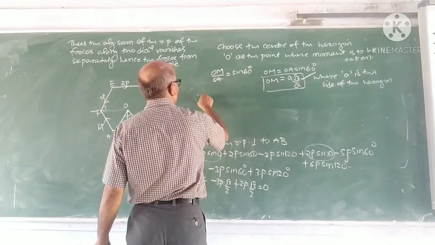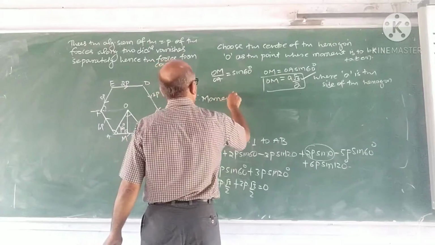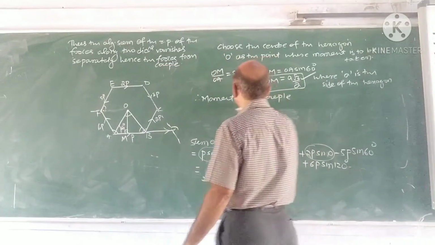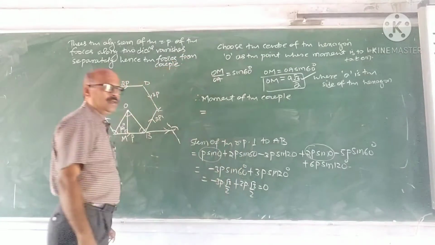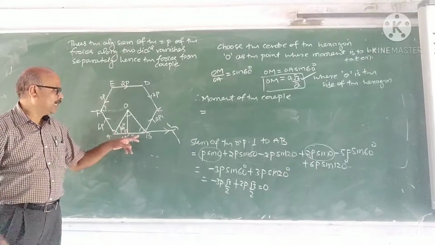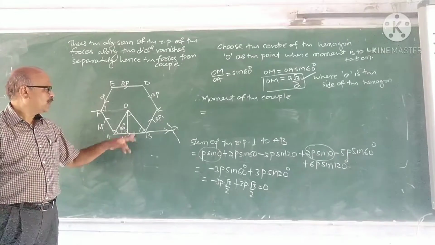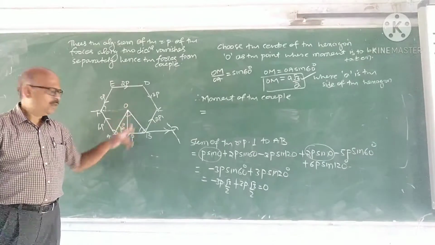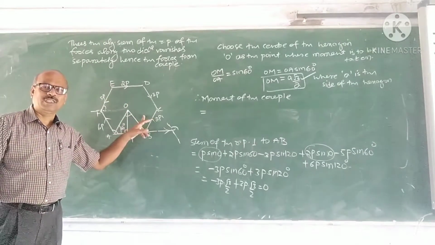Therefore, the moment of the couple: first start with the force P acting along AB. What is the moment of P about O? Is it positive or negative? Positive, because it rotates in the anti-clockwise direction.